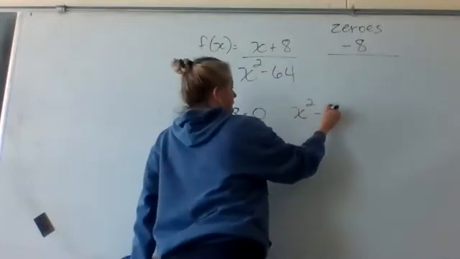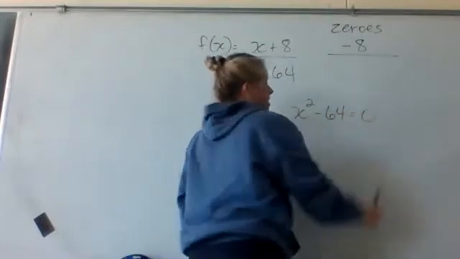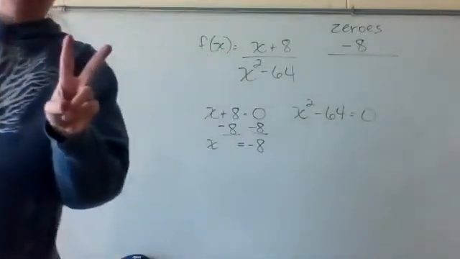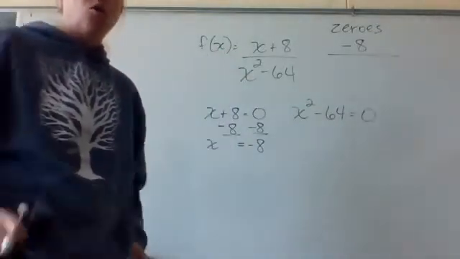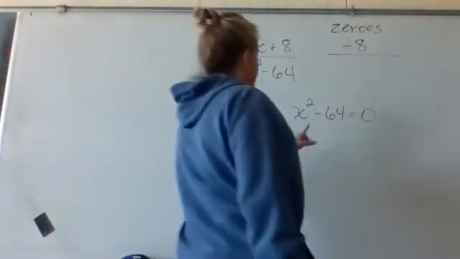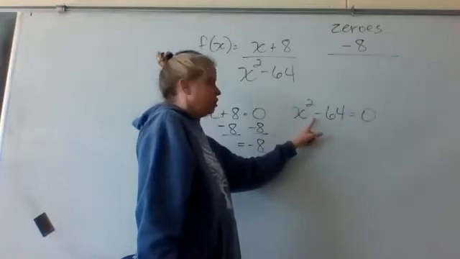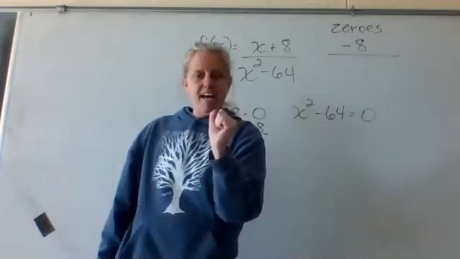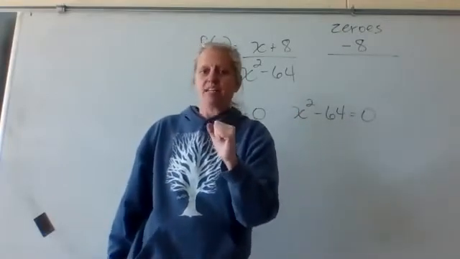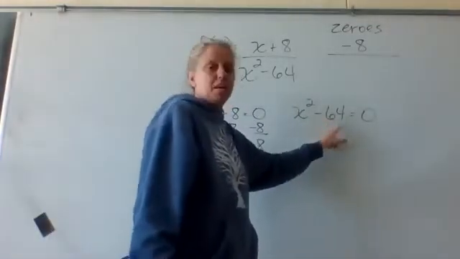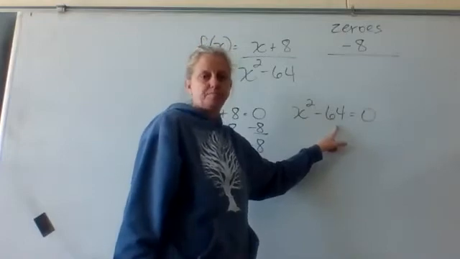X squared minus 64 equals 0. So this one can have a maximum of 2 zeros, right? Because it's x squared. I can go to quad and put that in. If you do that, just make sure that your A is 1. Your B, since there's no number in front of x, would be 0. And your C would be -64.